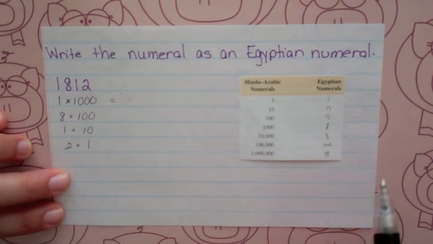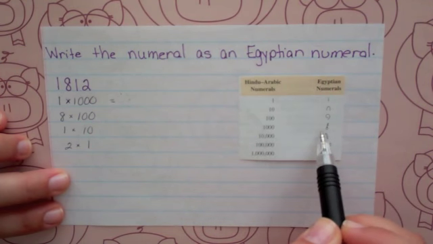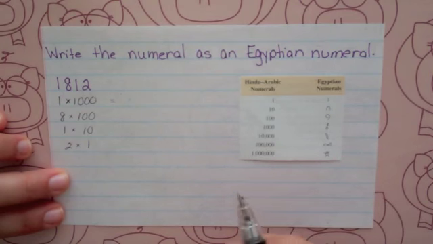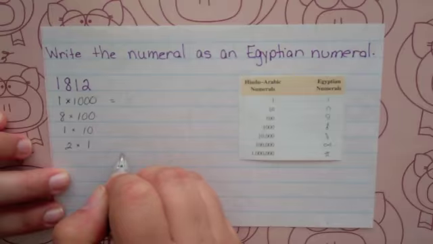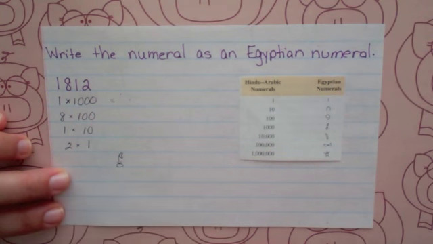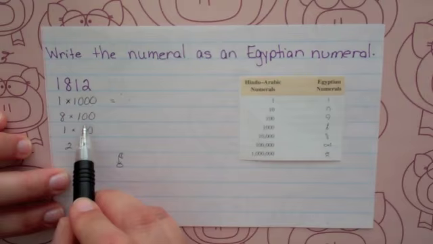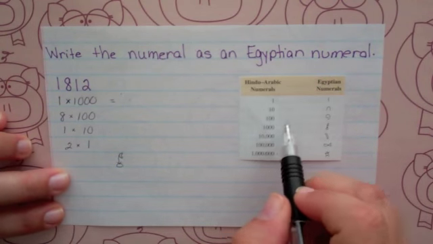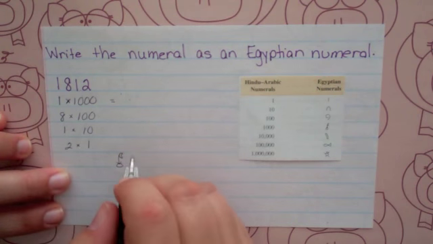Now, 1,000 is represented by a lotus flower, so I'm going to need 1 lotus flower in my problem. I'll put him down here because that way I don't have to draw these guys twice. And as you can see, I can't draw. 8 hundreds: well, 100 is represented by a scroll, and I need 8 of them.